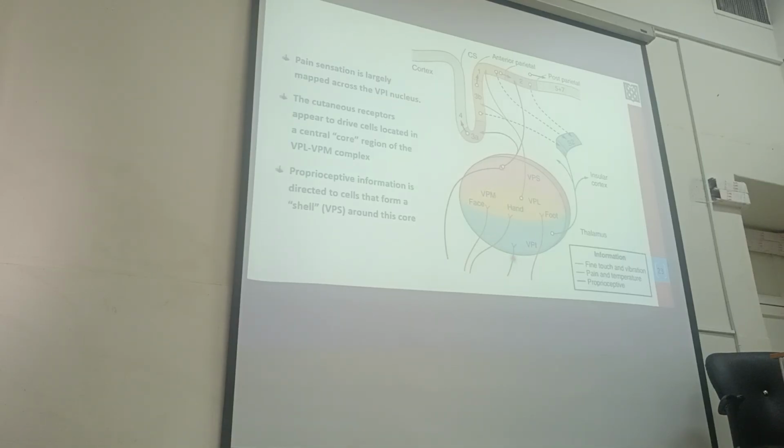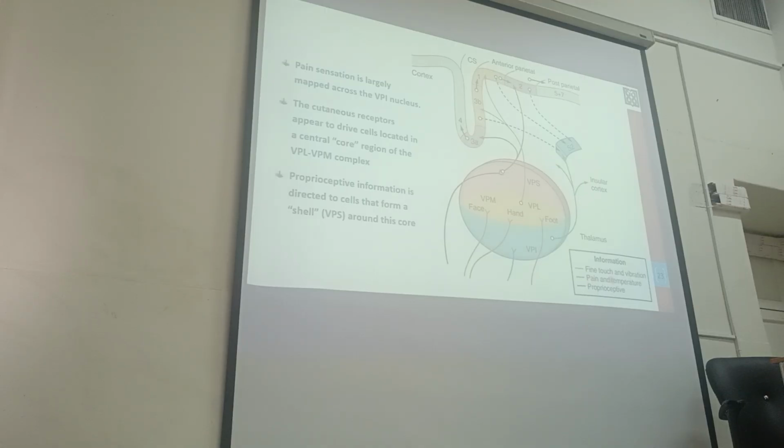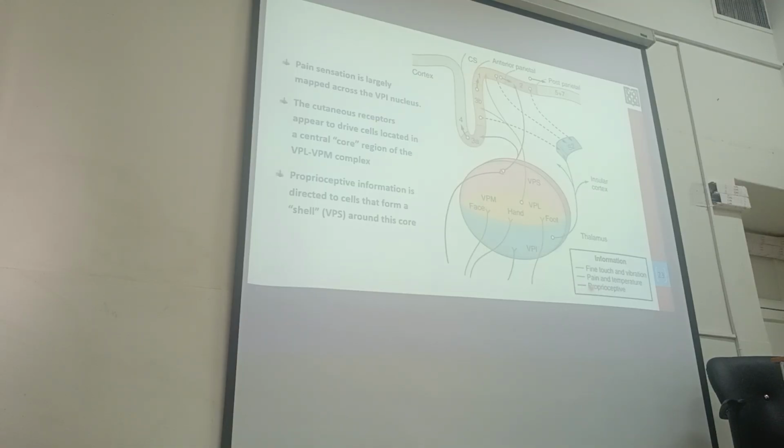So this one is in green, so it's related to pain and temperature, right? So they go to ventral posterior inferior. This one, the red one, is related to position sensation, proprioception, right? So position receptors are in muscles, in joints, and in bones.